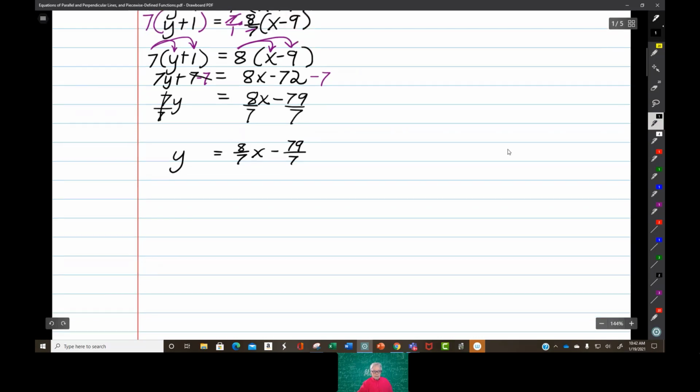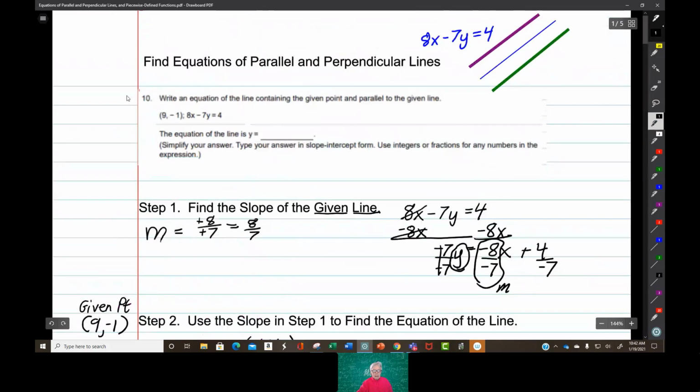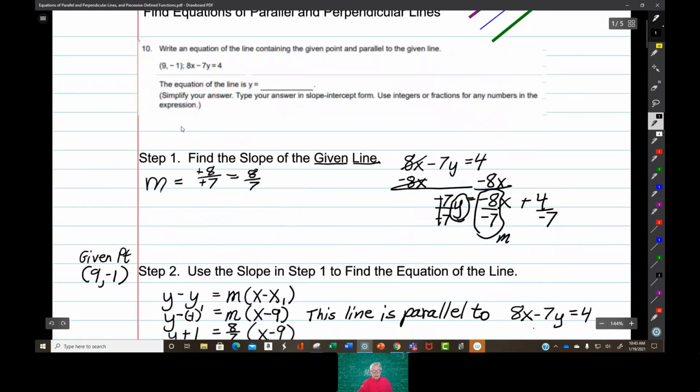So, notice. It says write an equation of the line containing the given point and parallel to the given line, where this is the given line. The first thing you do is use the given line to find the slope of the given line.